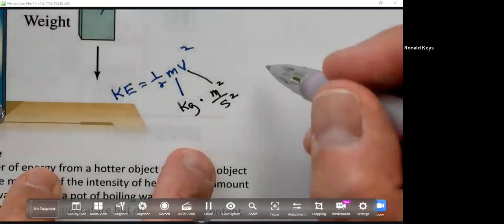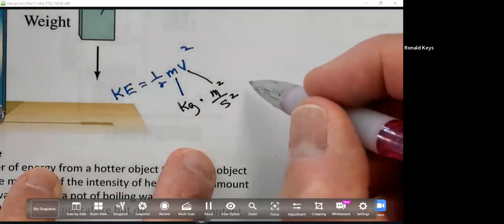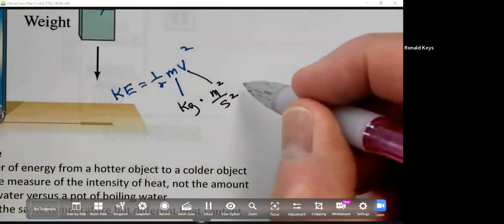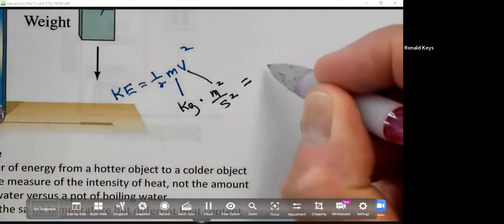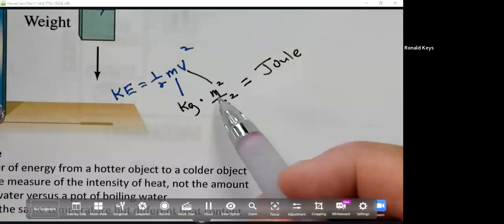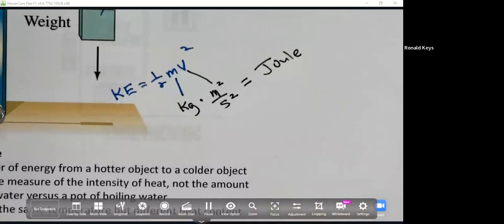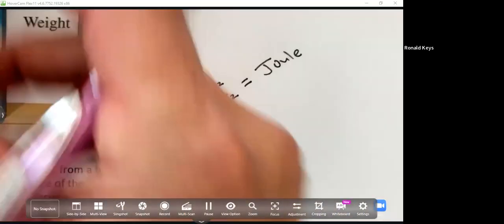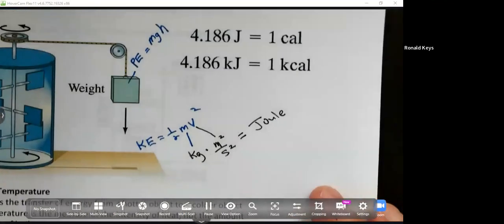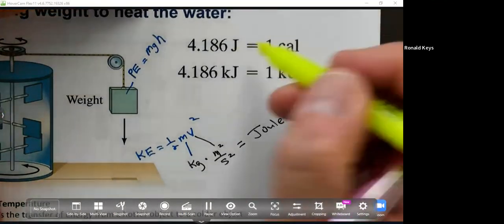This gets us a unit of joules. So a joule is equal to a kilogram times meter squared over second squared. That's our units. Now, the units we are going to go back and forth between all the time are calories and joules.